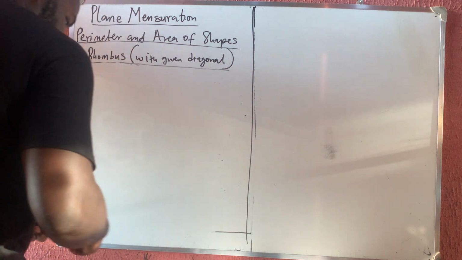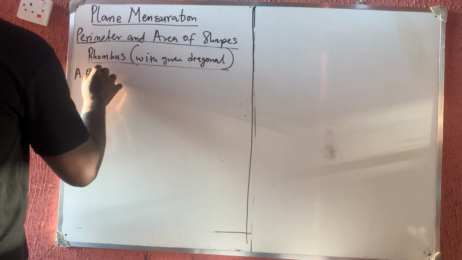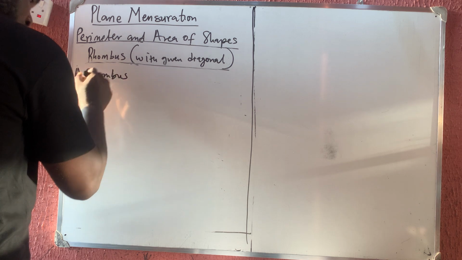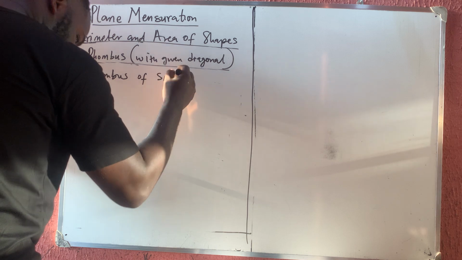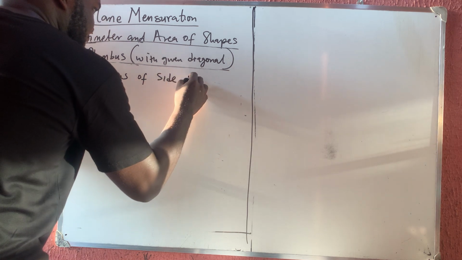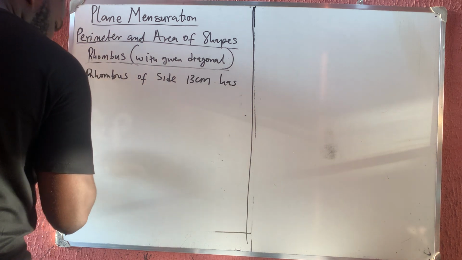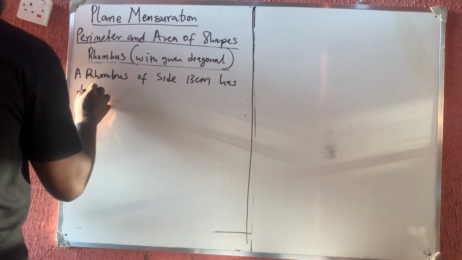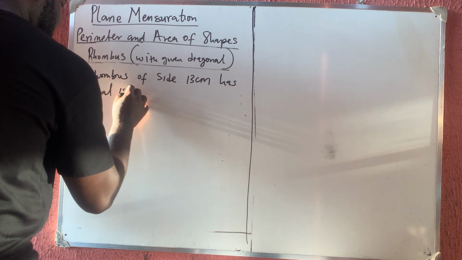It's not difficult. The second question says that a rhombus of side 13 cm has a diagonal of 18 cm.